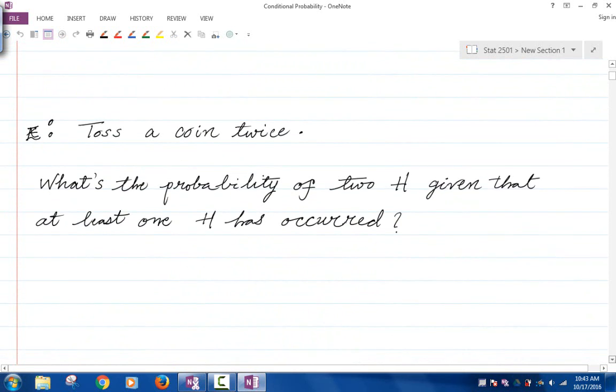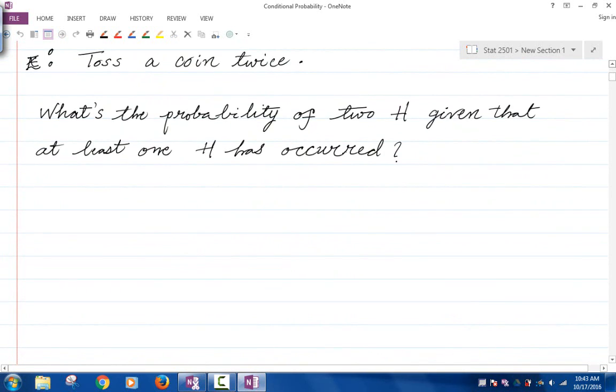So let's toss a coin twice, and I want to know what's the probability of getting two heads, given that at least one head has occurred? Is everybody clear what the question is?